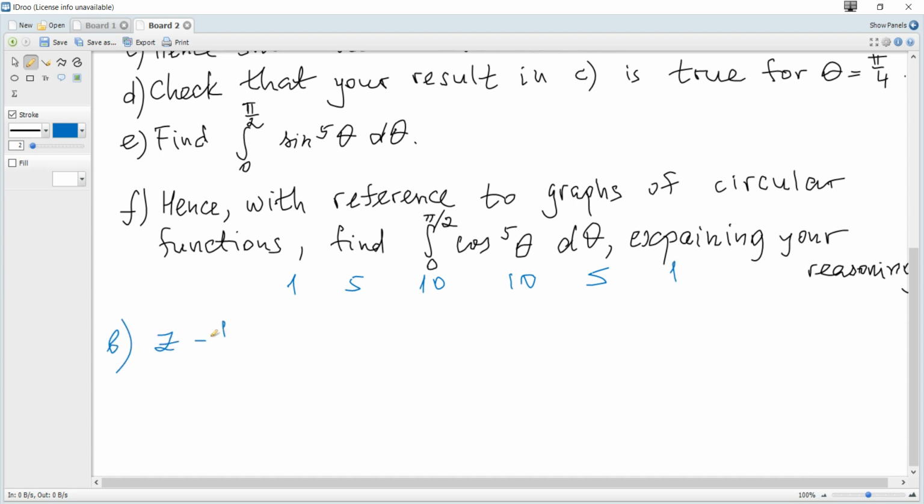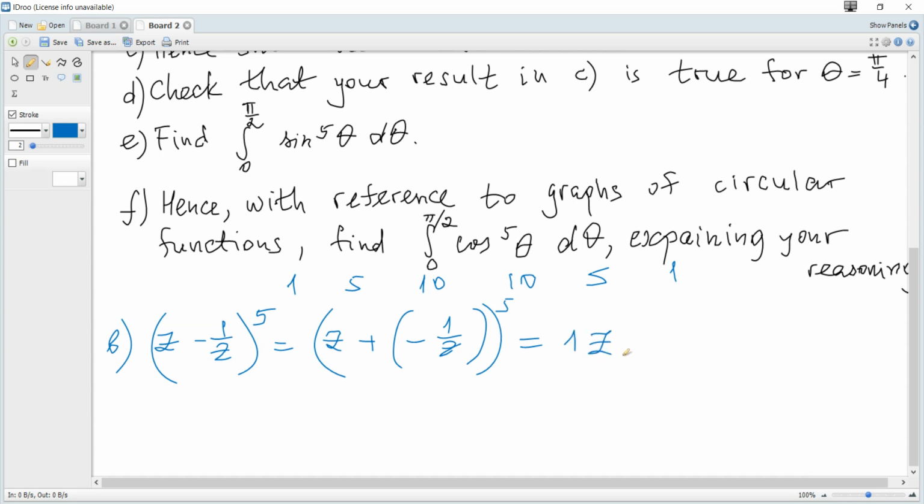And z minus 1 over z to the power of 5 we should consider as z plus negative 1 over z to the power of 5. For the first term, it may be the greatest power, or it may be to the power of 5 or to the power of 0, it doesn't matter. Let it be to the power of 5, then negative 1 over z will be to the power of 0. The next coefficient is 5, this power decreases by 1, this increases by 1.